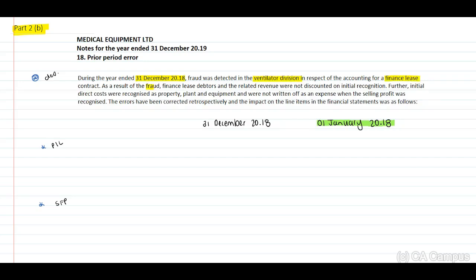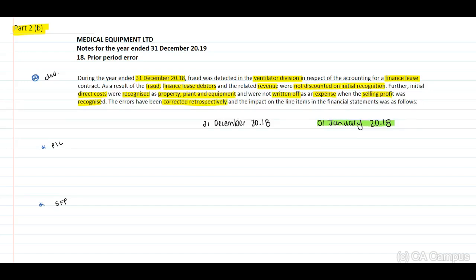As a result of the fraud, finance lease debtors and the related revenue were not discounted on initial recognition. Further, initial direct costs were recognized as property, plant and equipment and were not written off as an expense when the selling profit was recognized. The error has been corrected retrospectively.